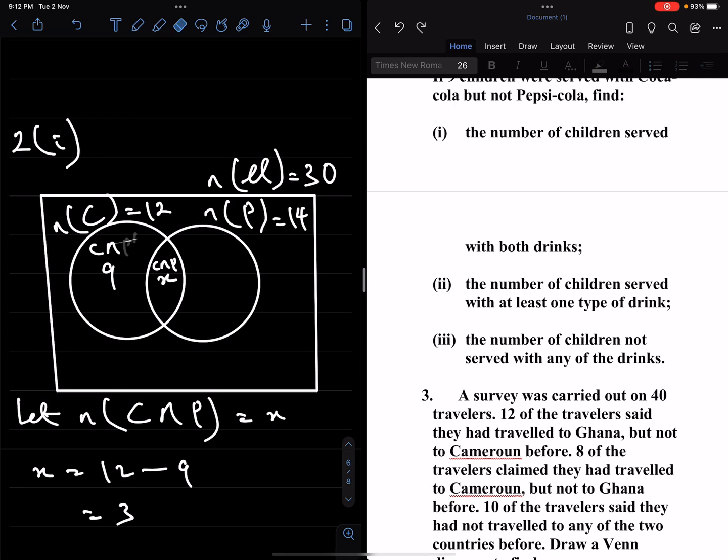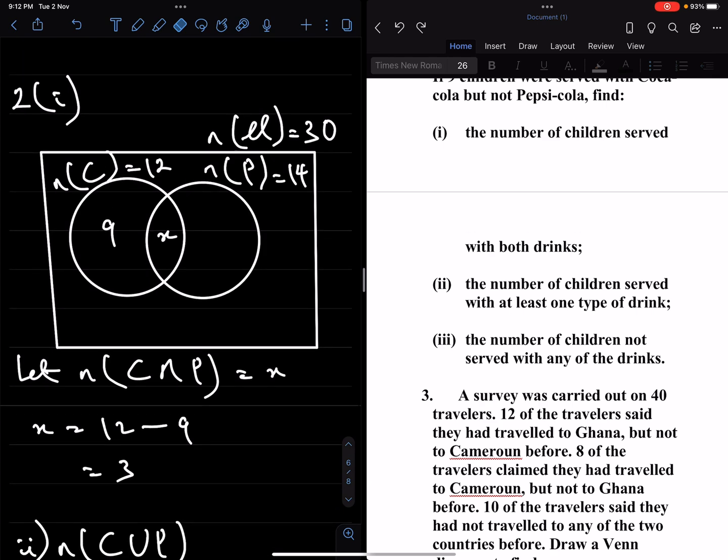That's what it means. And since they didn't say that there was any child who didn't drink any one of the 2 drinks, that means there's nobody outside the 2 circles inside the rectangle.